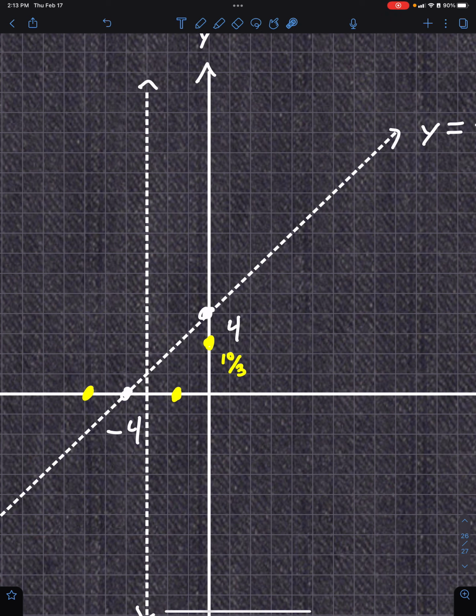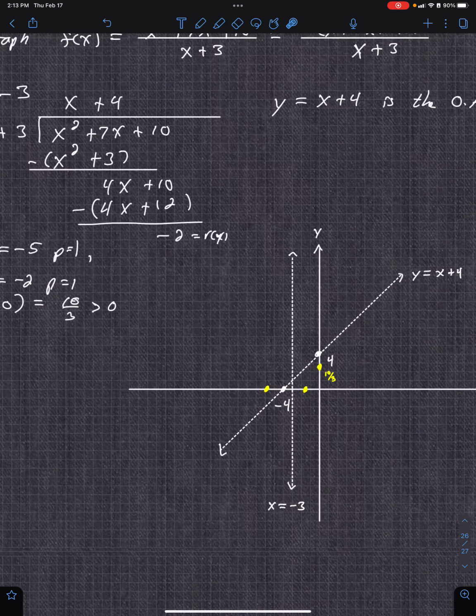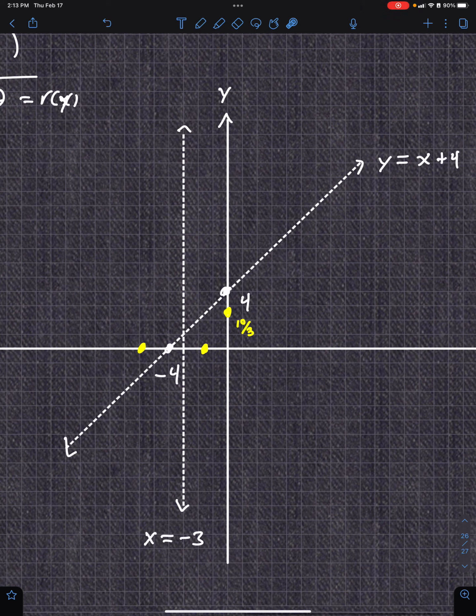Okay, you want to know that it's not above that, because otherwise your graph would do something like that, and it really doesn't. So you just divide it. You'll get 3 1/3, right? So it's up there like that. And then let's label these. This is -2, and this is -5.